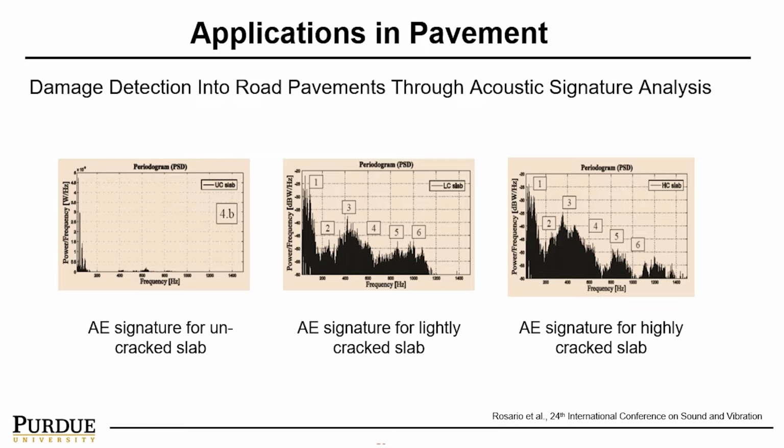As you can see by looking at this power output versus frequency curve for the uncracked slab, other than your very prominent resonant frequency, on the higher frequency side there is no AE signature. However, for the lightly and then heavily cracked slab, we can see a very clear acoustic emission signature.